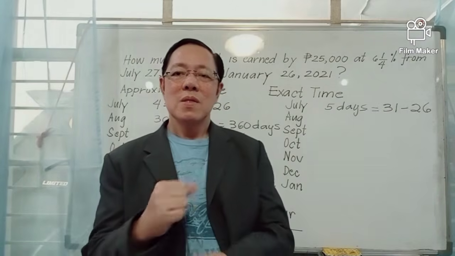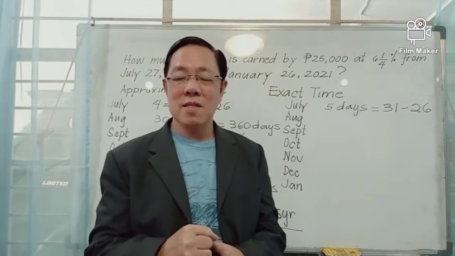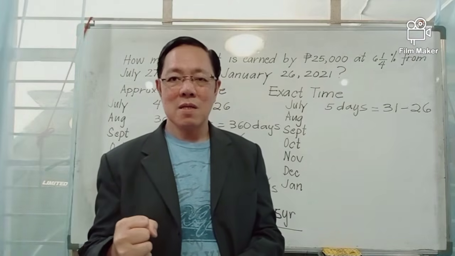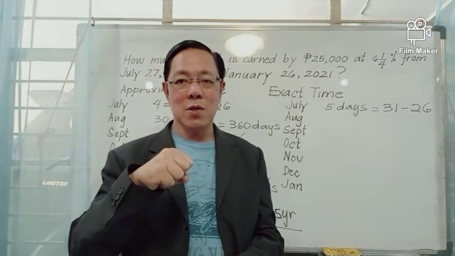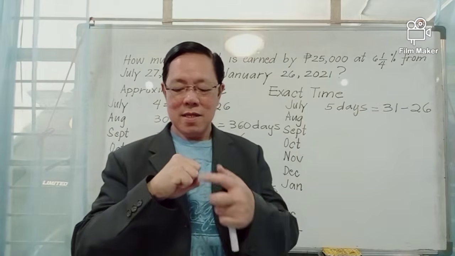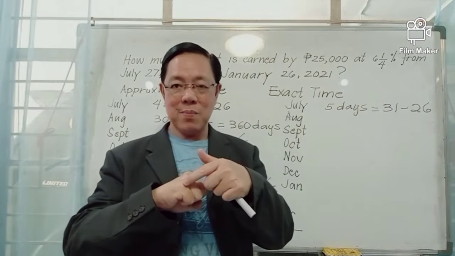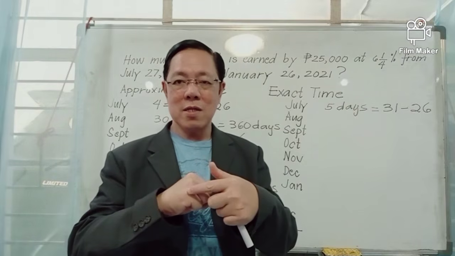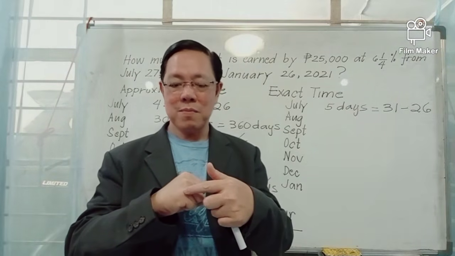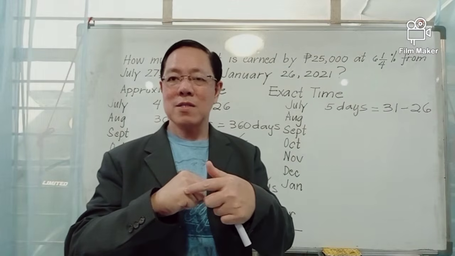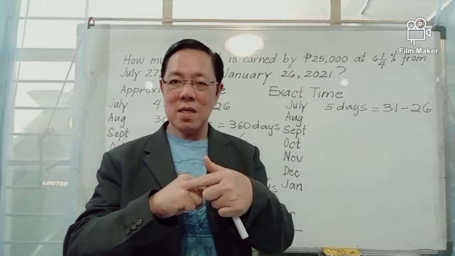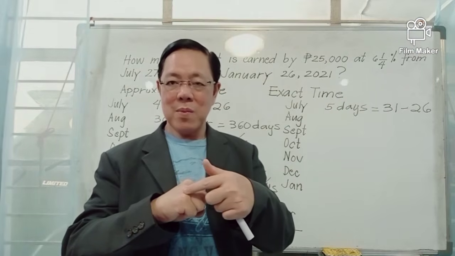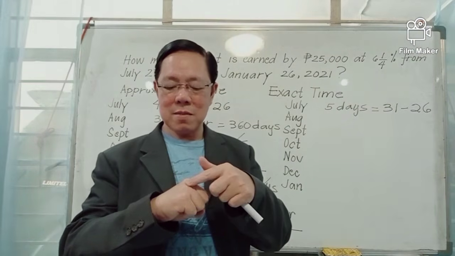To help you count the exact number of days in each month of the year, you can use the knuckles in your hand. The knuckles represent 31 days. And you start from January. January has 31 days. February has 28 days. March, 31 days.